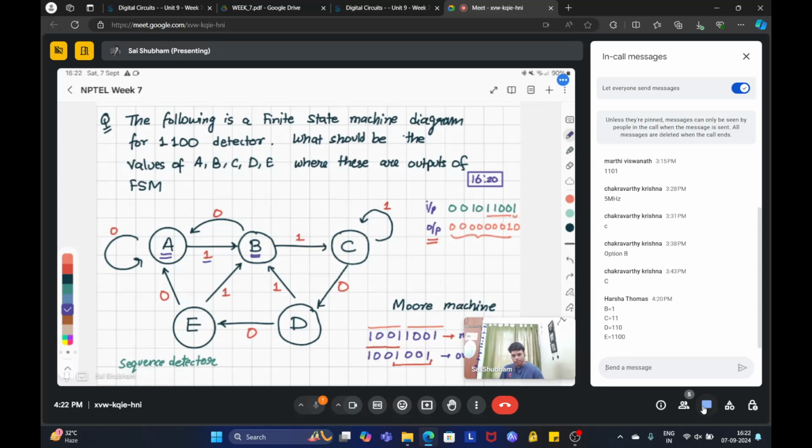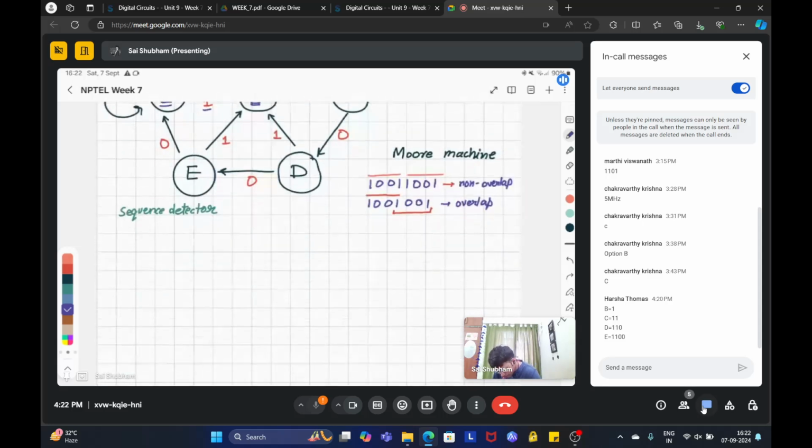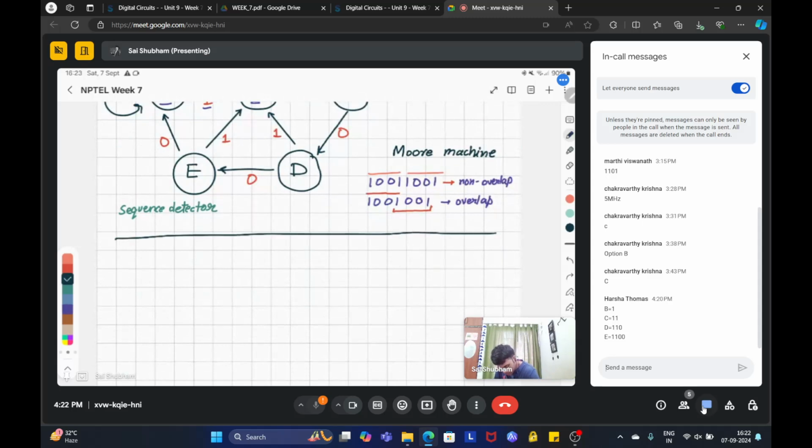If the question is not clear, please ask. Let me show you an example. I am making a Moore machine that detects 1. The output will be 0 whenever the input is 0.